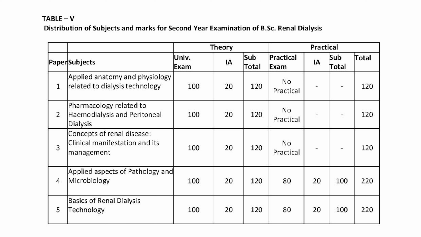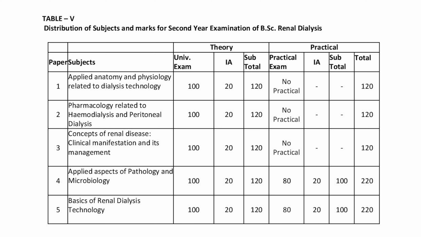Theory exam on concept of renal disease, clinical manifestation and its management is also 120 marks. There is no practical exam for all 3 papers mentioned above. Applied aspect of pathology and microbiology theory exam is 120 marks: microbiology 50 marks, pathology 50 marks for the written exam, IA is 20 marks, total 120.